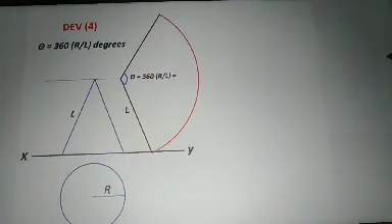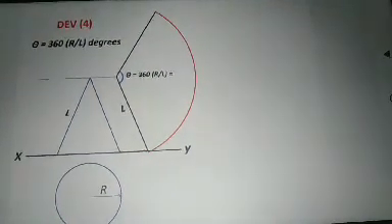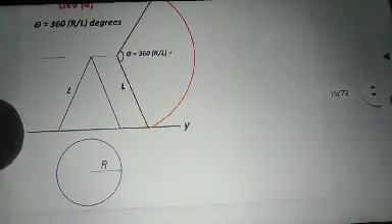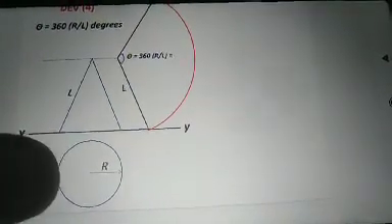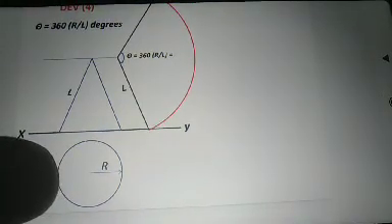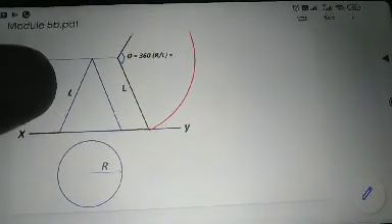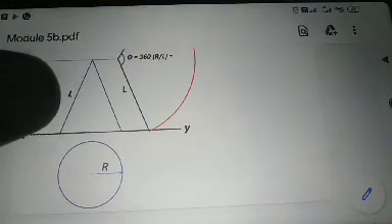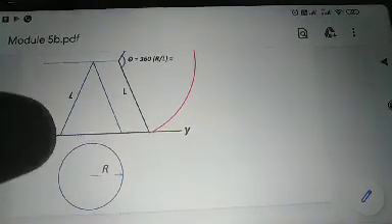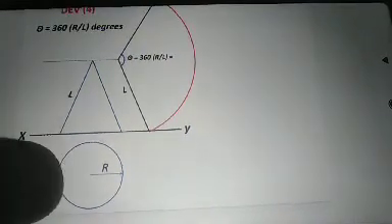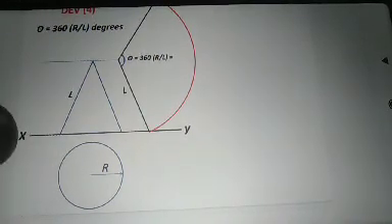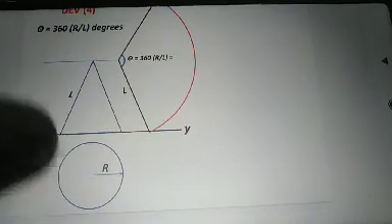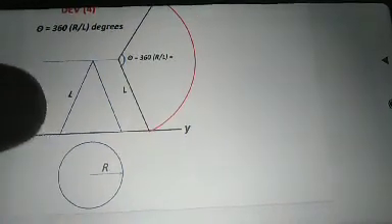As I told you previously, the top view of that cone is visible as a circle, and the front view of that right circular cone is a triangle. So let us first draw an XY line for dividing the top view and front view.